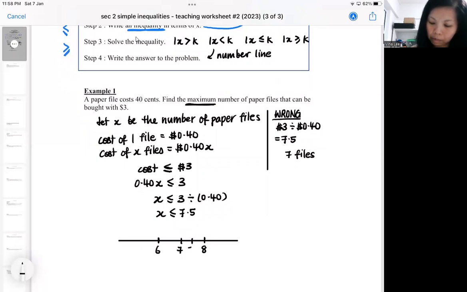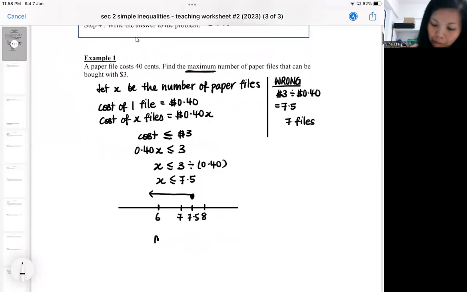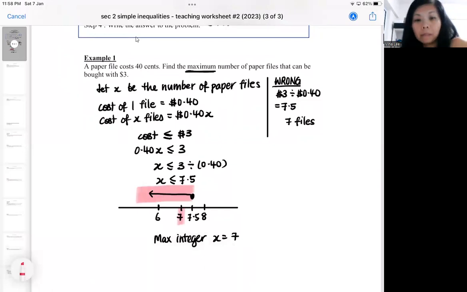So 7 and 7.5 are here. Knowing that the file is a whole number, you should find the biggest X. So the maximum integer X is 7. Along the number line, you can see that this is the whole number. So the maximum integer X is 7.